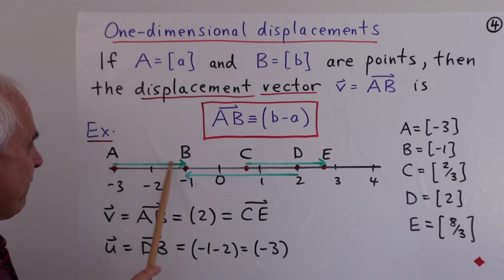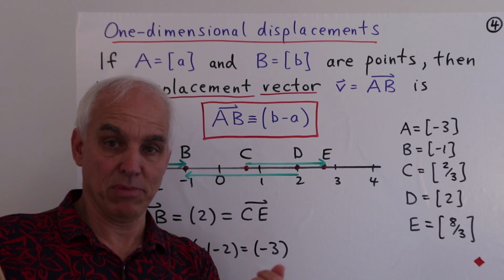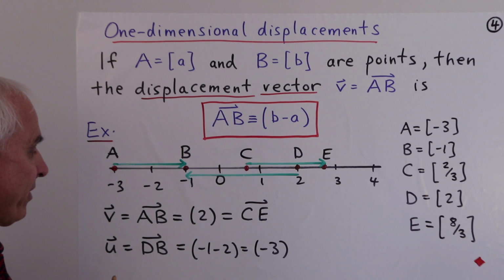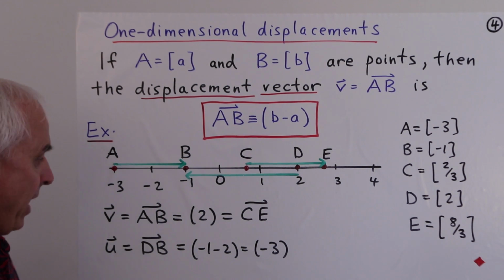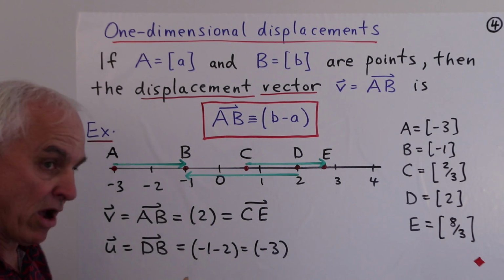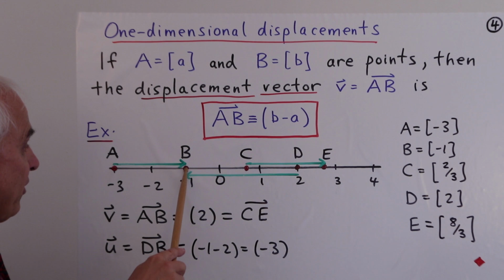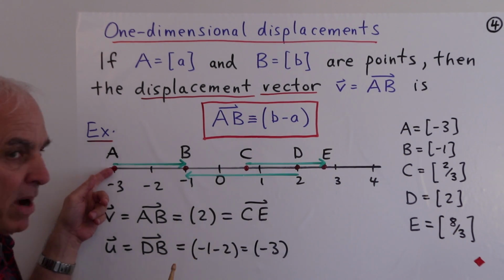Okay, so let's have a look at some vectors. How about the vector between A and B, the displacement vector between A and B? So we write it as AB with an arrow on top, meaning we're starting at A and we're finishing at B. And how do we write that thing down? Well, it's going to have round brackets, and what's inside the round bracket has to be the difference between the B coordinate and the A coordinate. Okay, the B coordinate is -1.